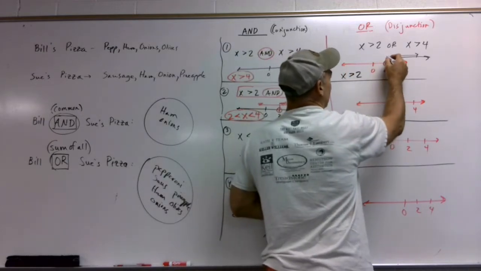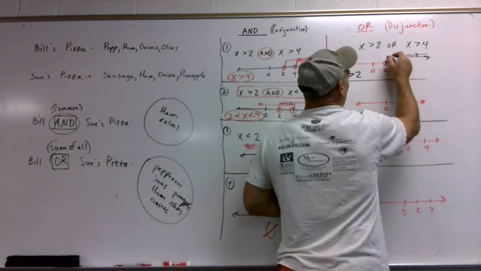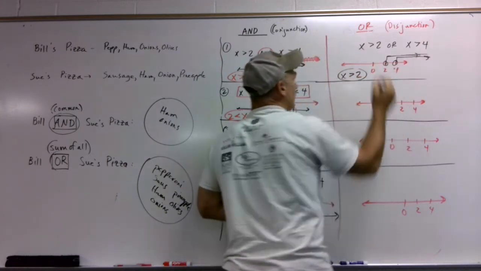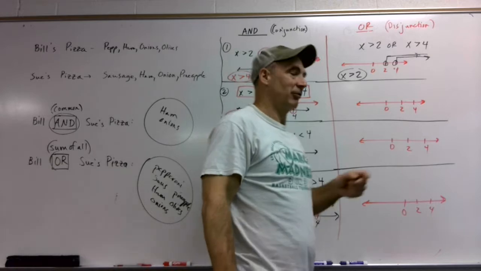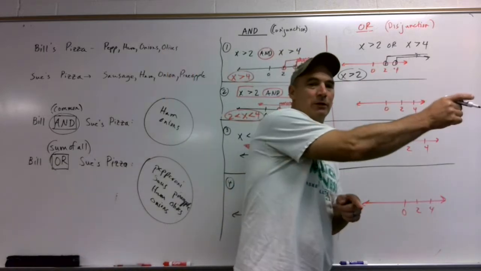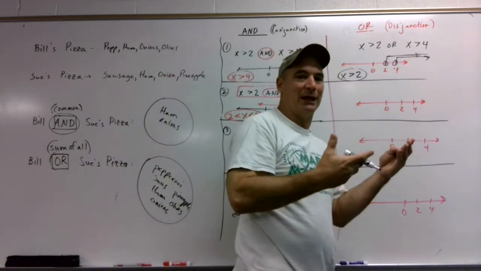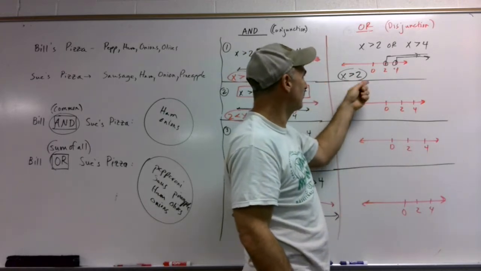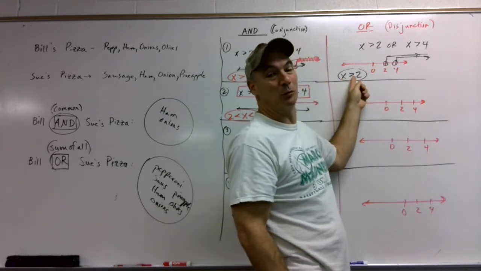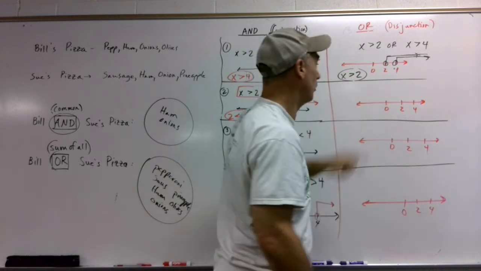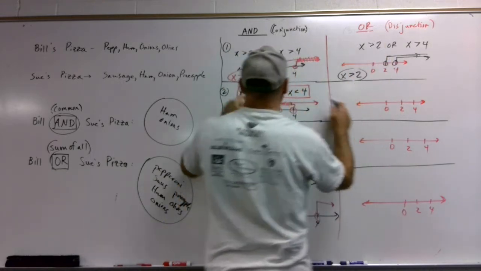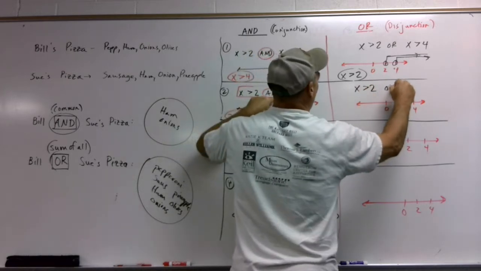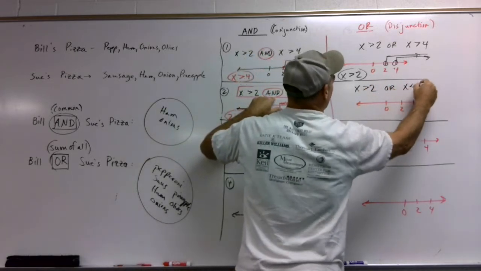Because if I just look at this, one covers this one. So that's why that would be my answer for this case. X is greater than 2 covers the other one. And you answer it as simply as you can, using as little information as you can, and that's why we choose this. So let's go with or on this one. X is greater than 2 or x is less than 4.